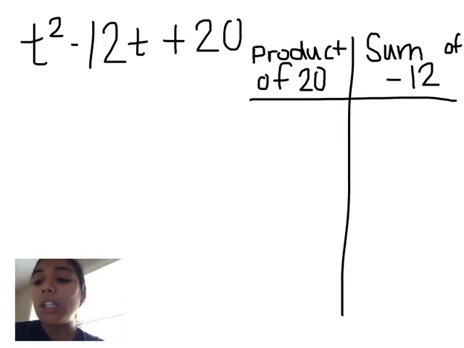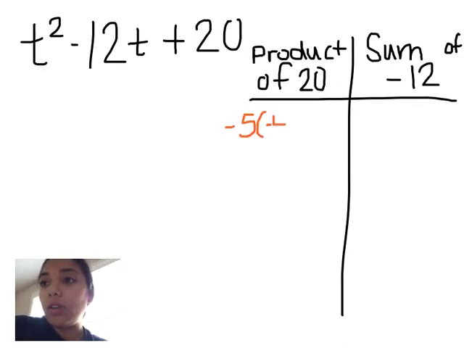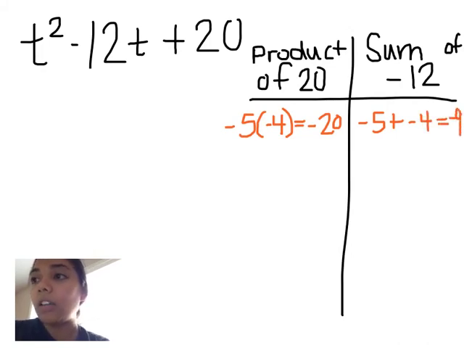So my product needs to be two negative numbers that will equal 20. I'm going to try negative 5 times negative 4. But negative 5 plus negative 4 does not give me negative 12. It gives me negative 9.